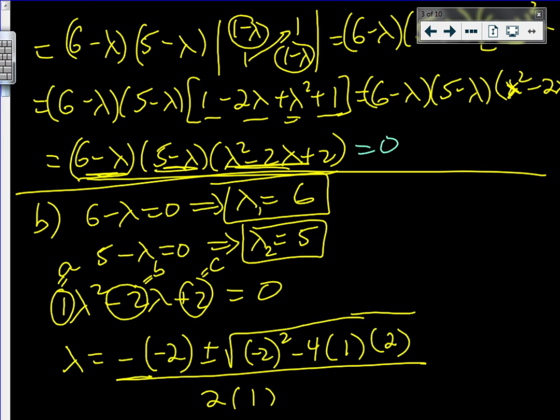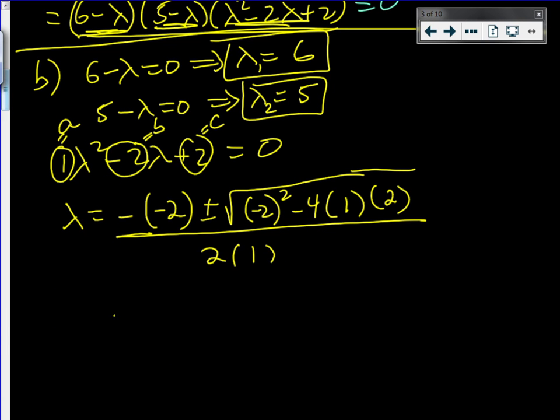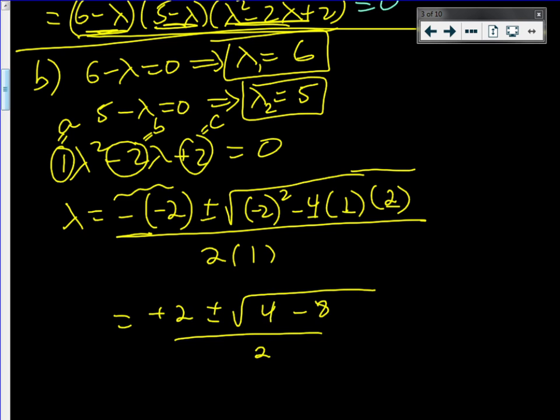Let us clean this up. So this mess will become positive 2 plus or minus the square root. Negative 2 squared is 4. 4 times 1 times 2 is 8, all over 2.